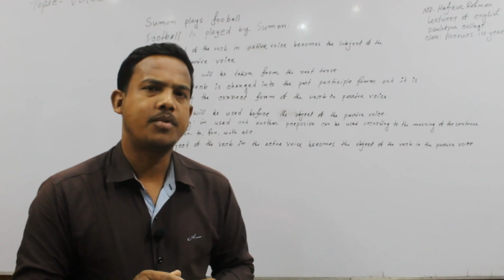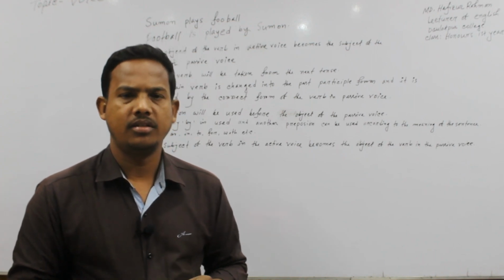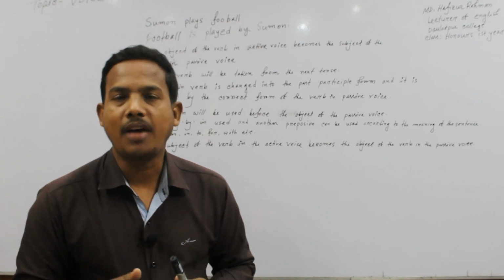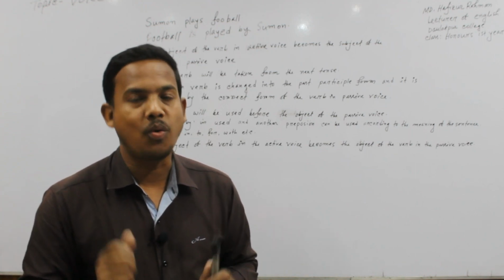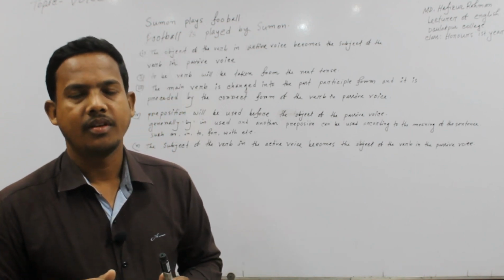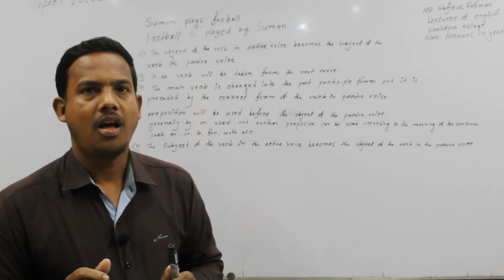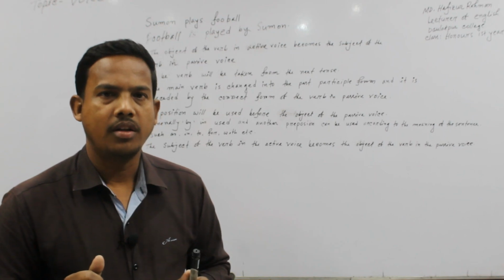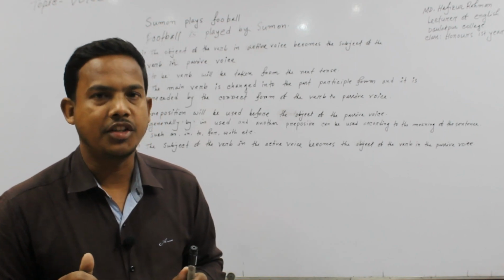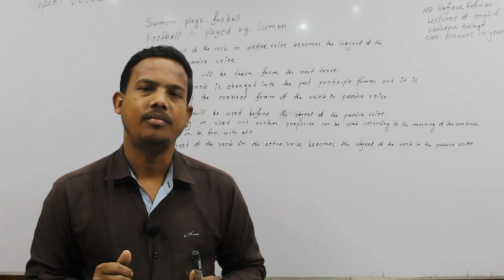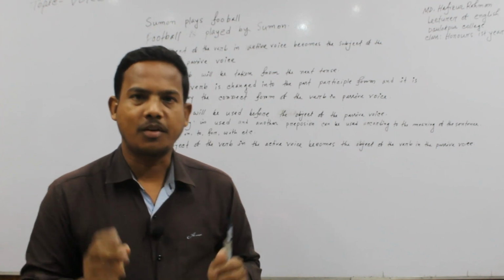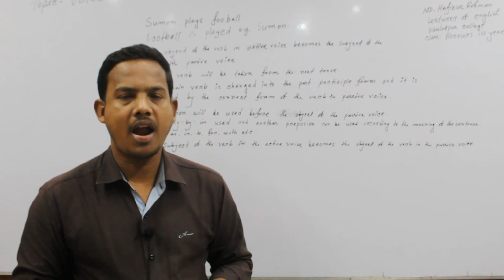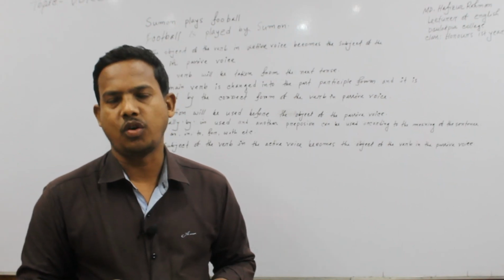So we have to know what is called object. If you ask a verb with whom or what, the answer you get is called object. There are two types of object: direct object and indirect object.